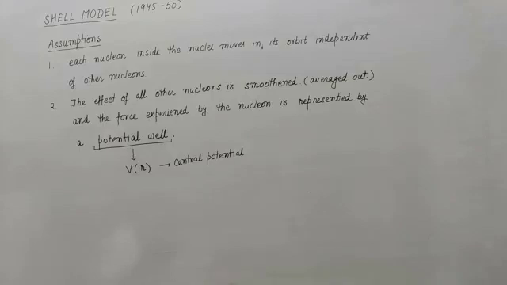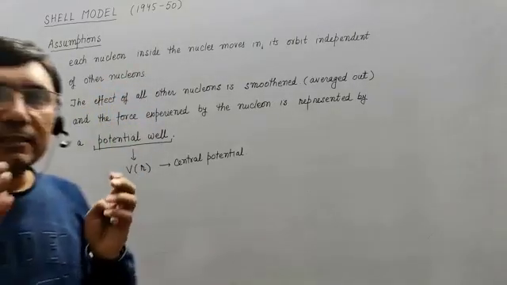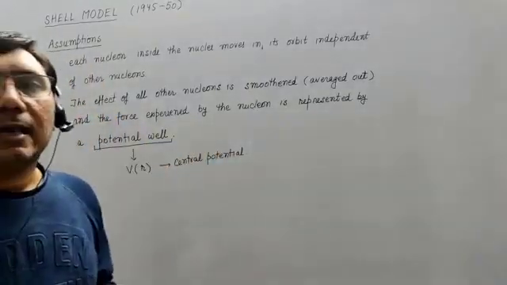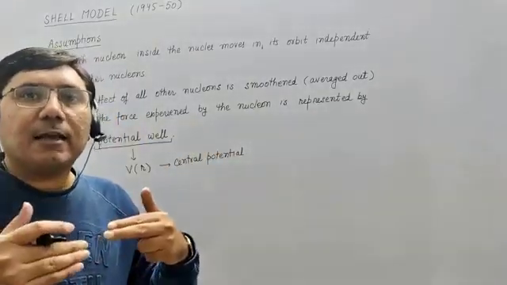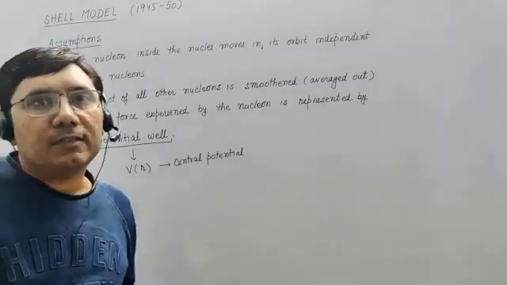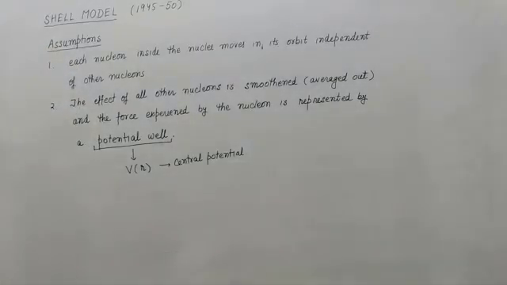We are assuming that each nucleon inside the nuclei is moving independent of other nucleons, but moving under the influence of a potential well. And what is this potential well? This potential well represents the average effect of the interaction between nucleons. So now our picture is simpler.